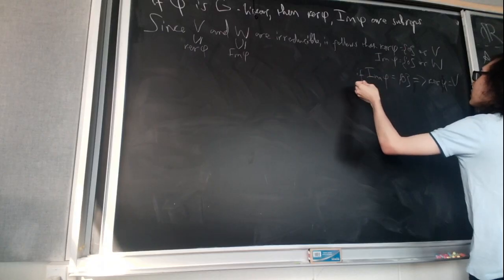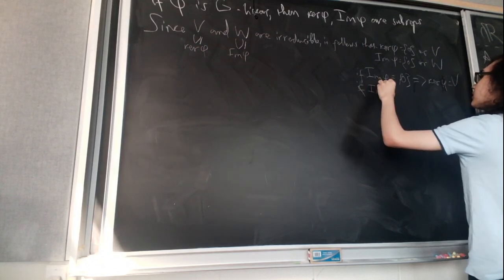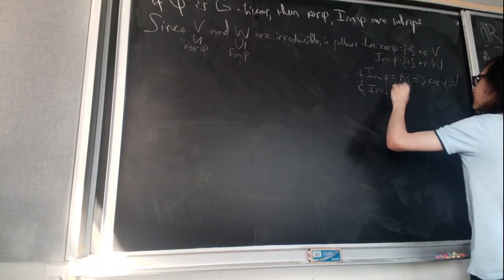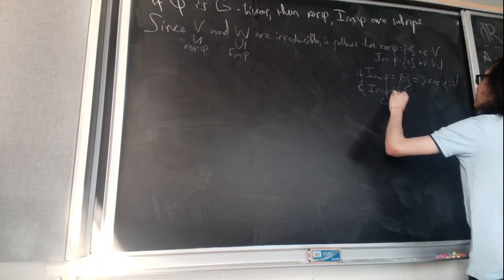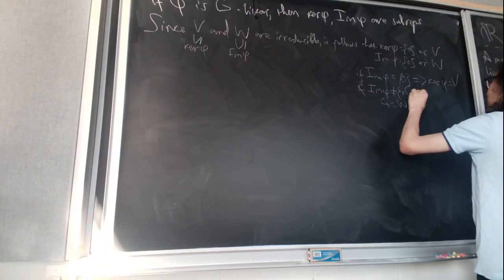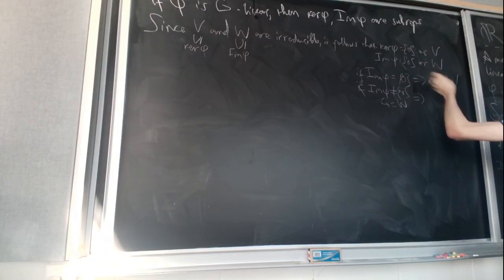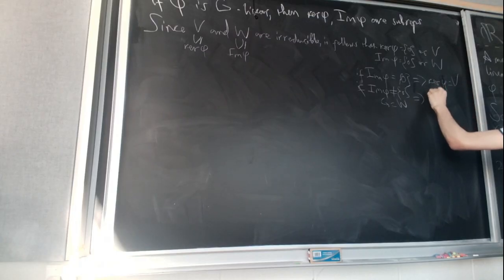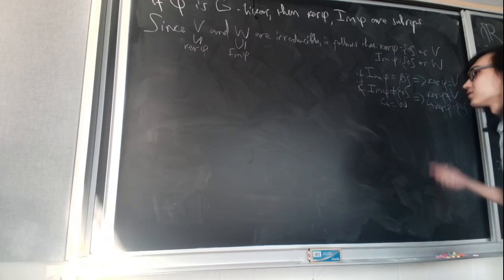And then if the image of phi is not the 0 vector space, then it's equal to the entire vector space, and clearly it can't be the case that the kernel of phi is all of V, so it must be the other option, which is that it's injective.